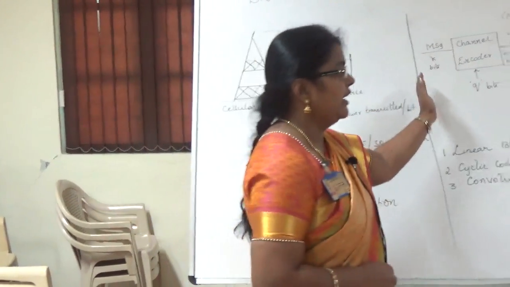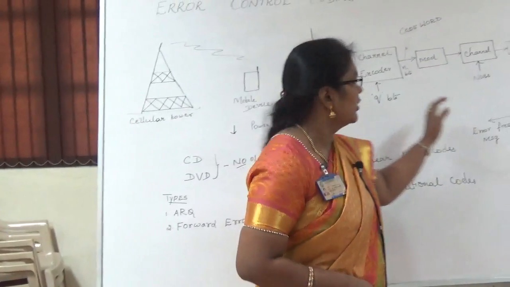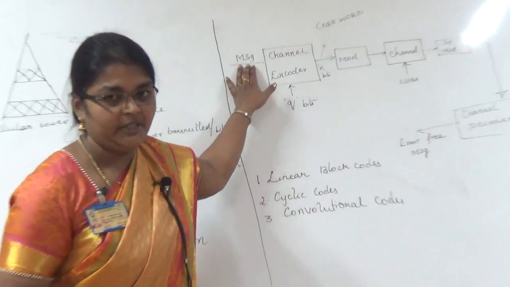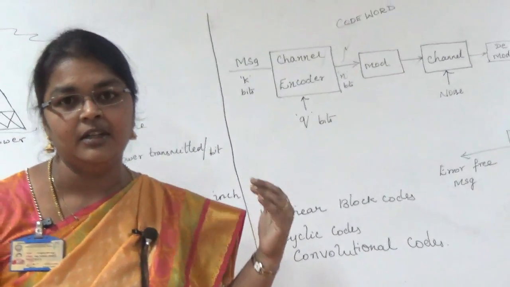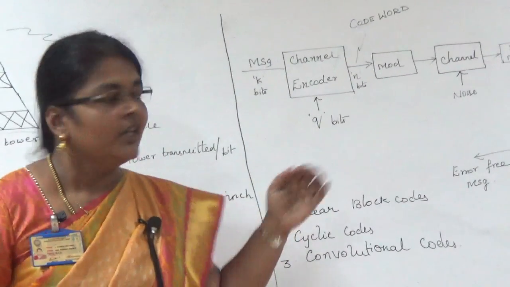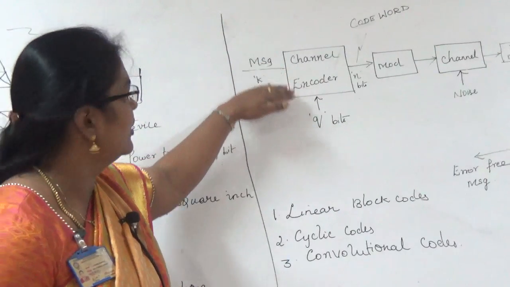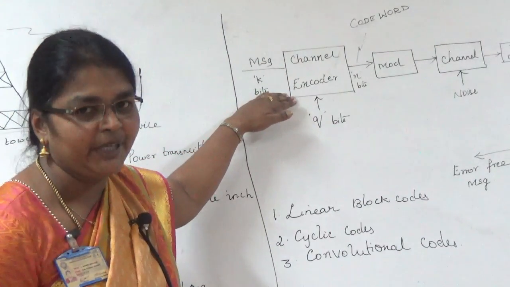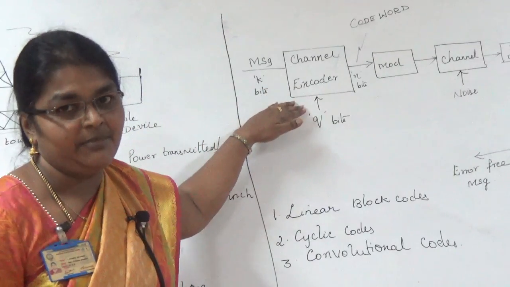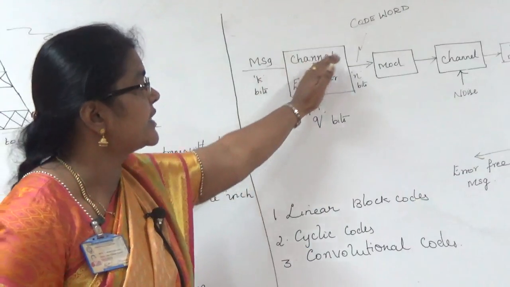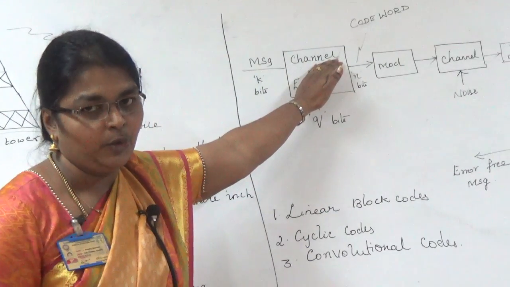Now we'll see how this is applied. I know very well the information signal is digital in nature. For example, I'm considering a message of size k bits, so it is going to transmit k number of message bits. First, it is applied to the channel encoder.